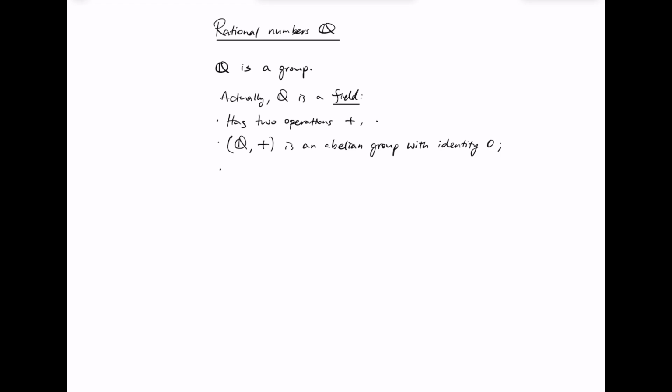It also has another structure, which is multiplication. To be more precise, if you take all of the rational numbers except 0, and you put this operation dot or times on it, it's also an abelian group.